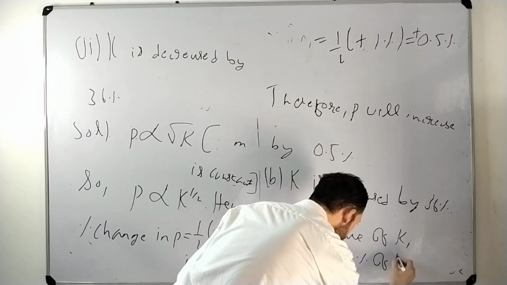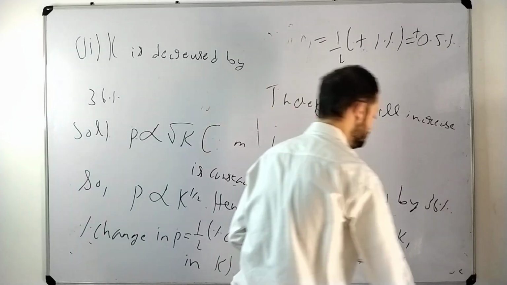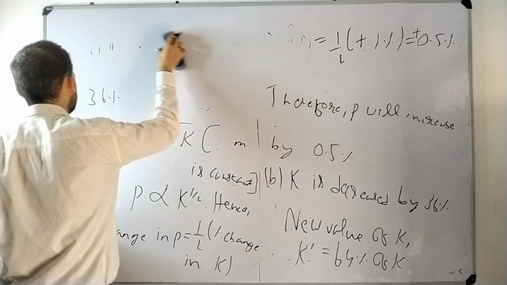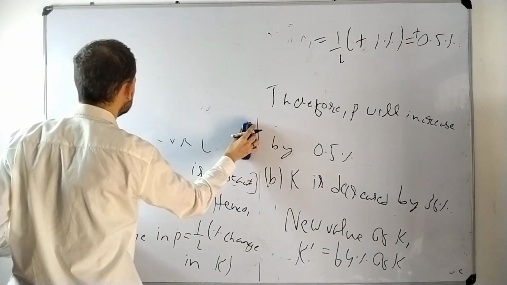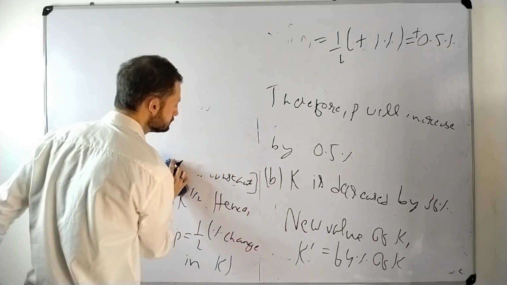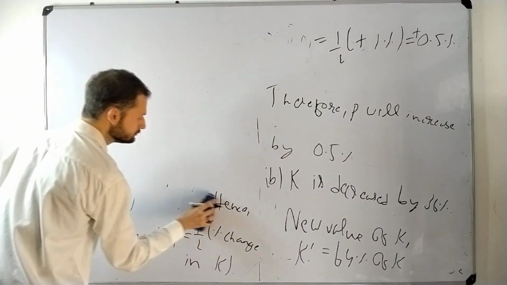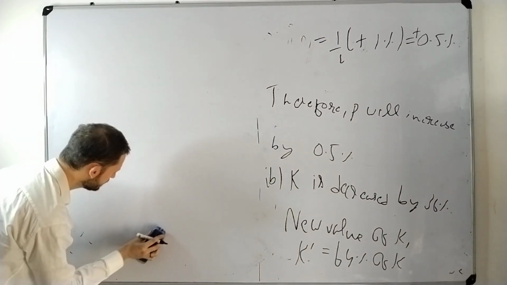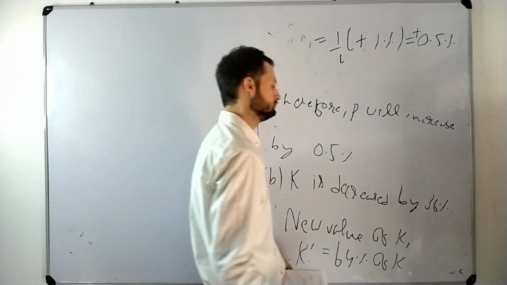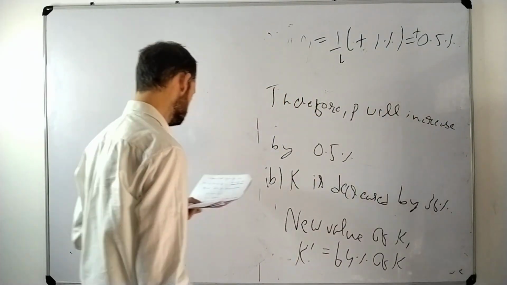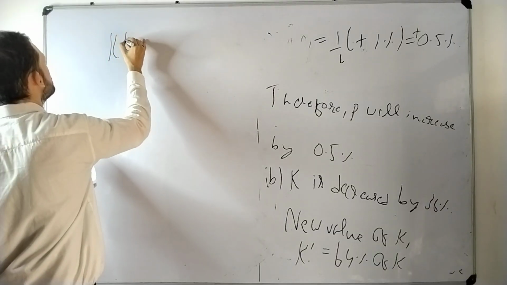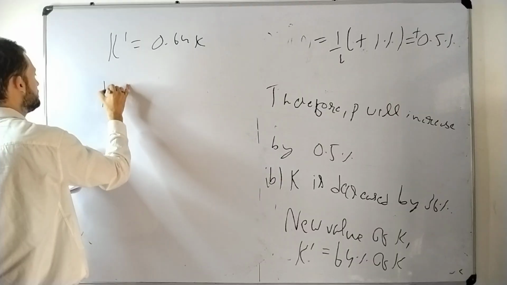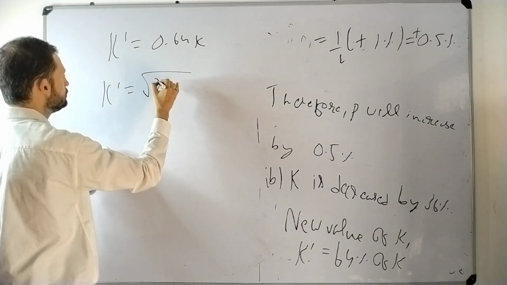K dash would be 64% of K. Now you calculate what is 64% of K. Think of yourself now what it could be. It is 0.64 K.